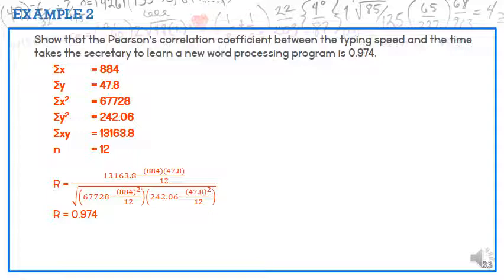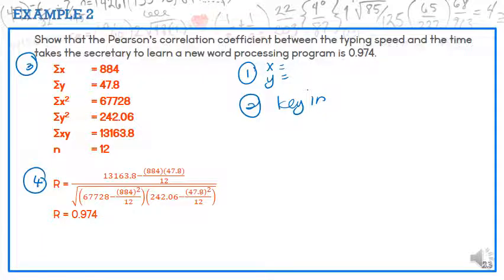Again, if question asks you regarding this question, step 1, determine your X and Y. Step 2, key in dalam calculator dulu. Step 3, please list down all the summation. Step 4, substitute R. Step 5, find the value of R. Step 6, please make sure that you comment.